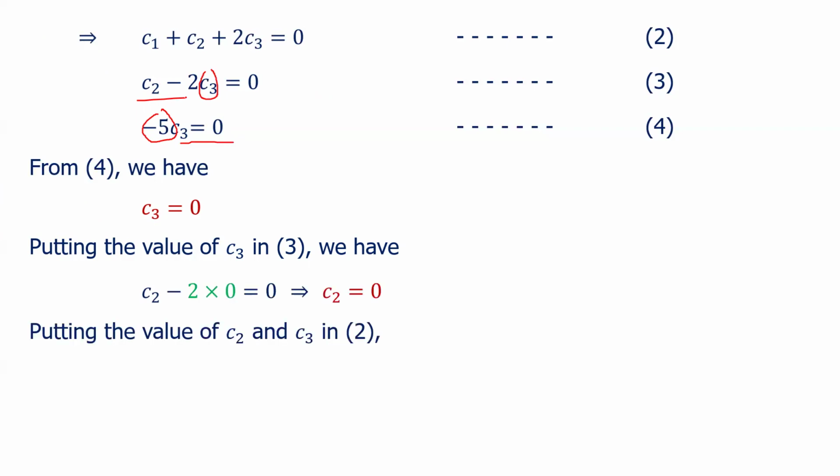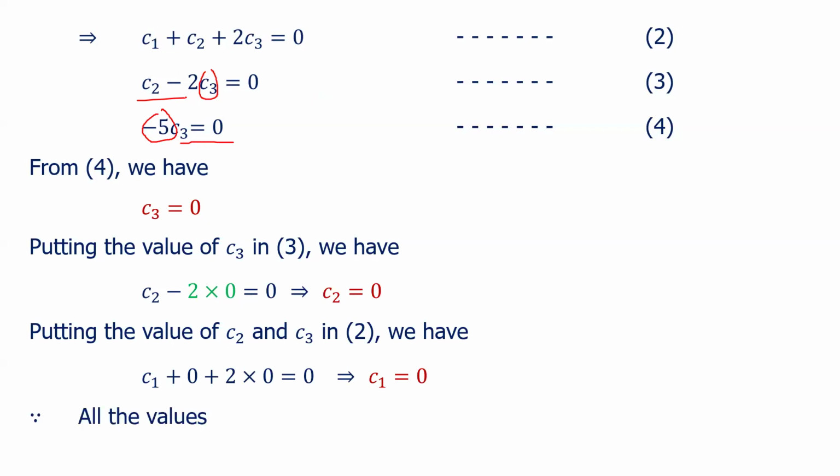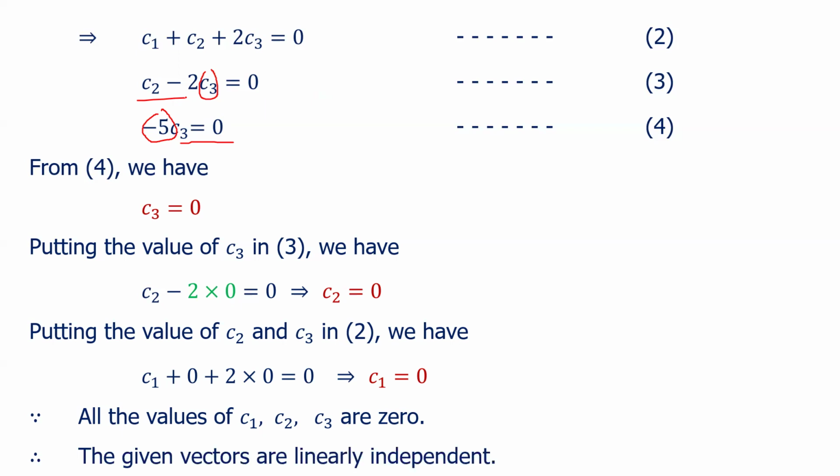Putting the values of C2 and C3 in the first equation, C1 is also 0. Therefore, all the scalars C1, C2, C3 are 0. Hence, the given vectors are linearly independent. They don't have any relation.